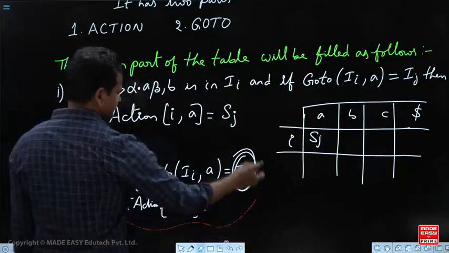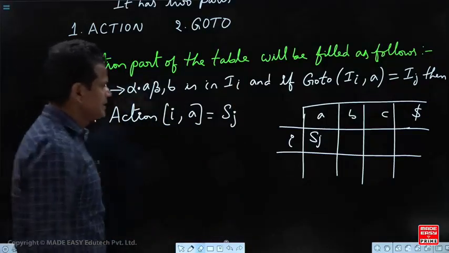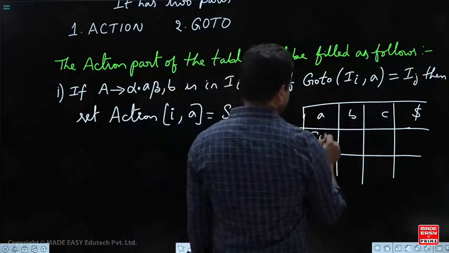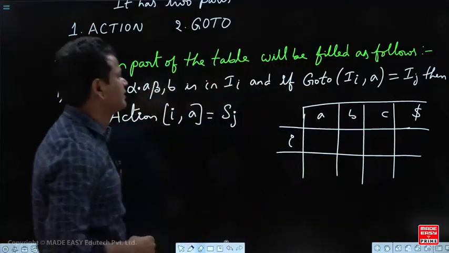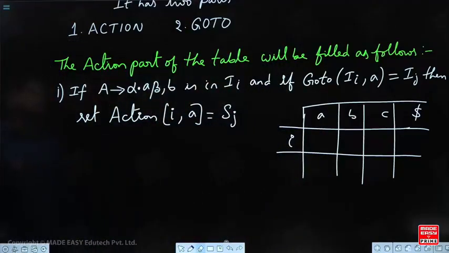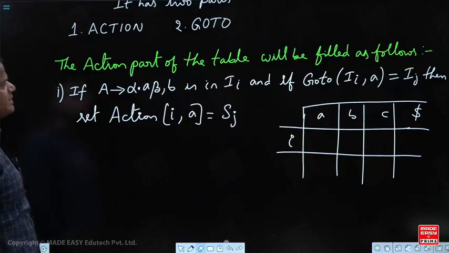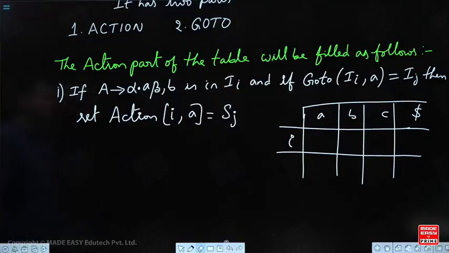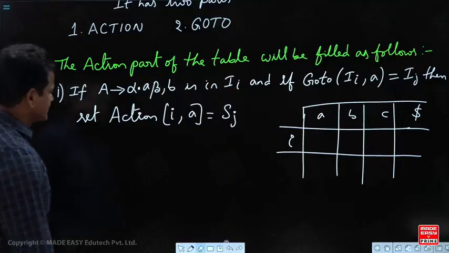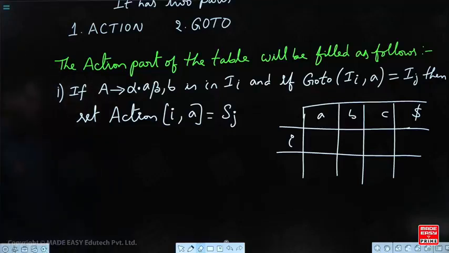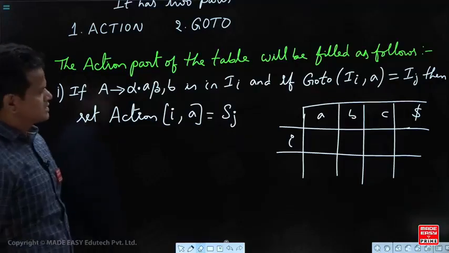Copy this, guys. If A derives alpha dot A beta comma B is in Ii, and go to of Ii comma A equals Ij, then set action of Ii comma A equal to Sj.